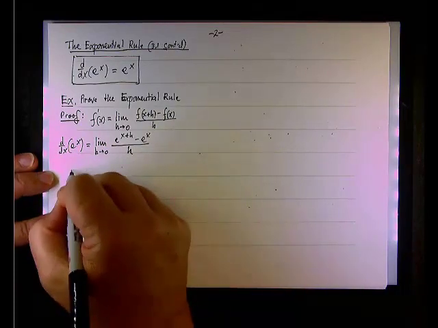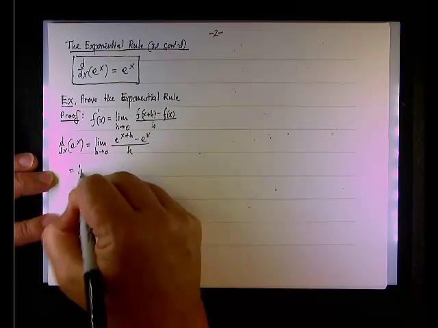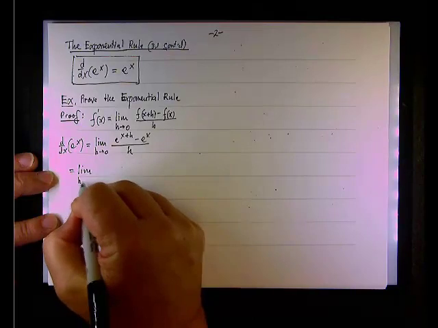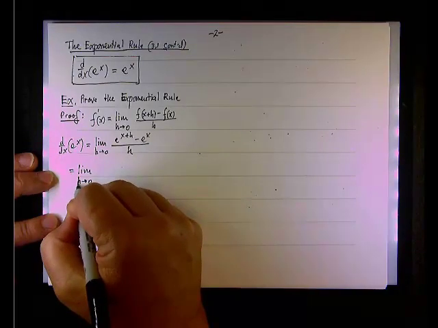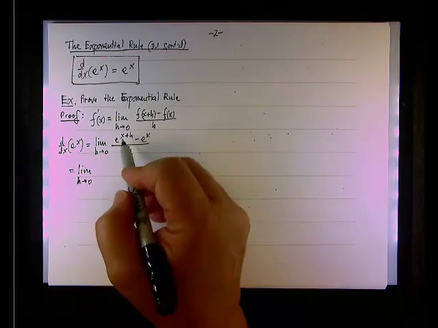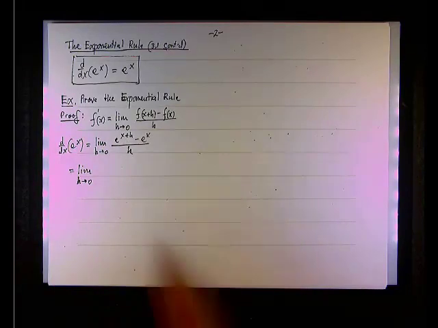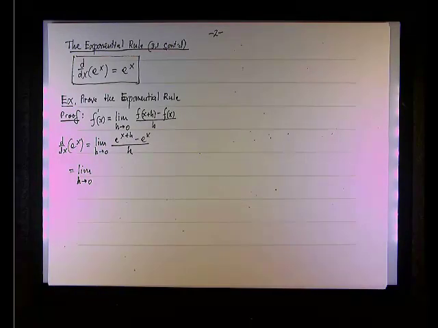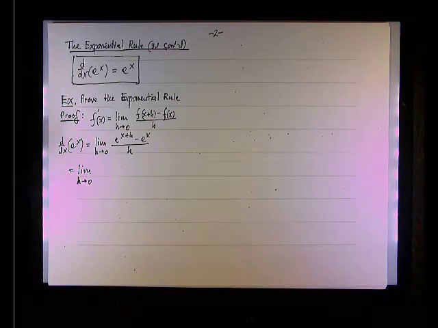Okay? And the next thing I'll do is a little simplification here. Well, it's actually expansion. What is e to the x plus h? Well, it's the same as e to the x times e to the h, right? Because when you multiply two exponents that have the same base, you add the powers.